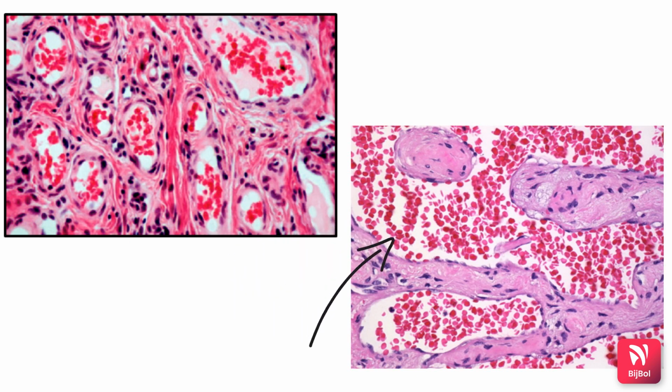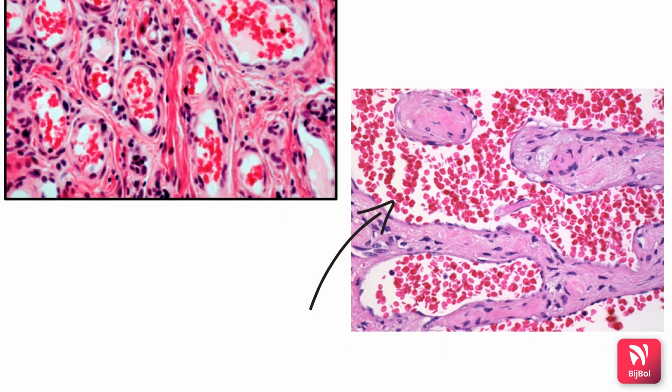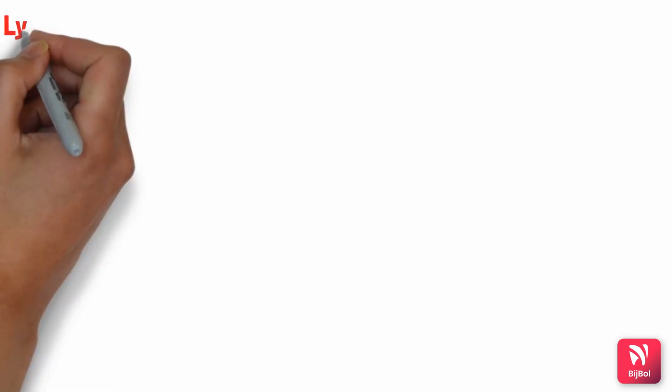Second picture is of cavernous hemangioma where you can see large blood vessels, right? So it contains dilated blood sinuses which contain numerous red blood cells, and it contains thin lining, not like capillary hemangioma. So next lesion is lymphangioma.